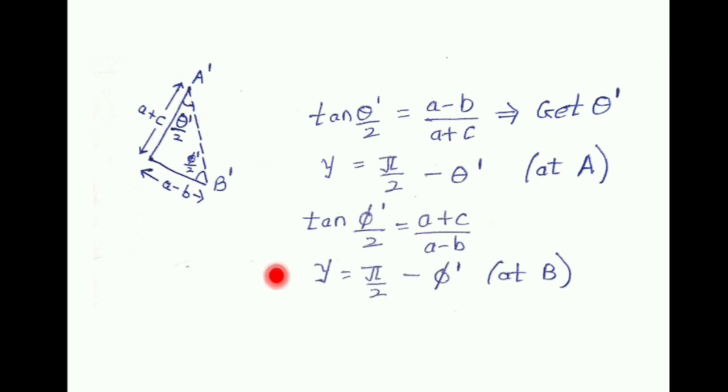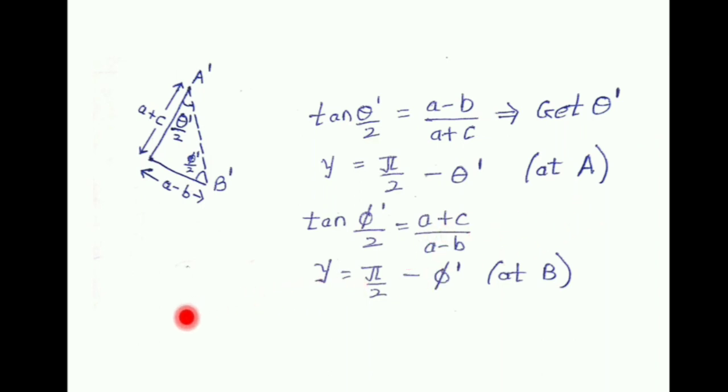In shear strain, the most important thing you should know is tan theta, opposite upon adjacent. So what would be tan theta dash by 2? It would be A minus B divided by A plus C. And what would be tan phi dash by 2? It would be A plus C divided by A minus B. From this we'll get theta dash and from this we'll get phi.